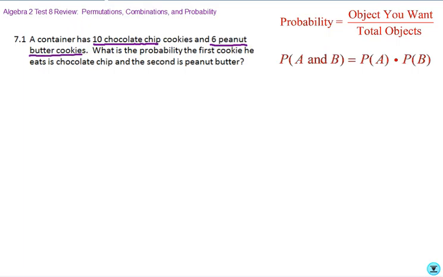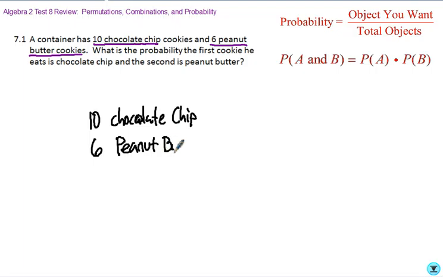So in my little cookie jar, I've got 10 chocolate chip, and then I've got 6 peanut butter. So I've got a total of 16 cookies here in my cookie jar.